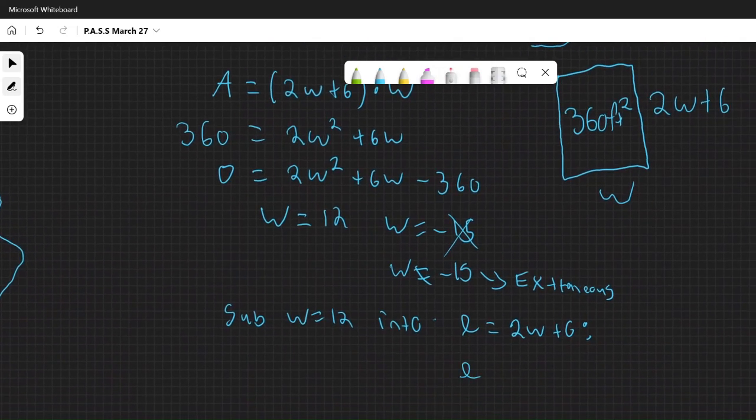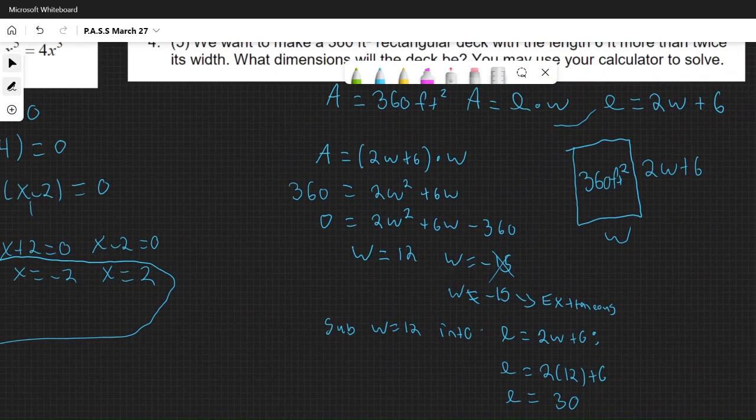So now we have length equals 2 times 12 plus 6, and that equals 30. And therefore the dimensions are 12 feet by 30 feet.